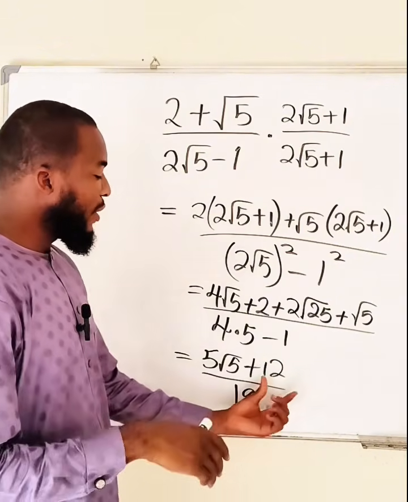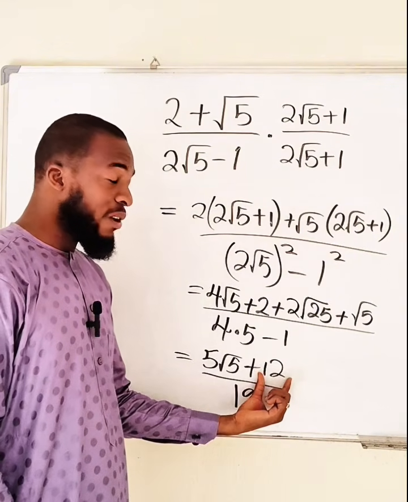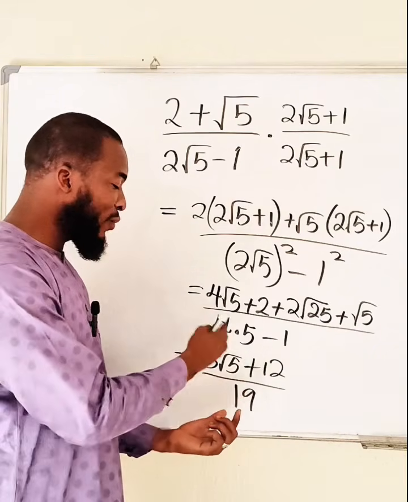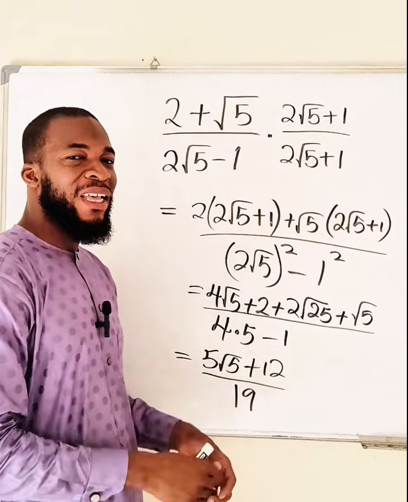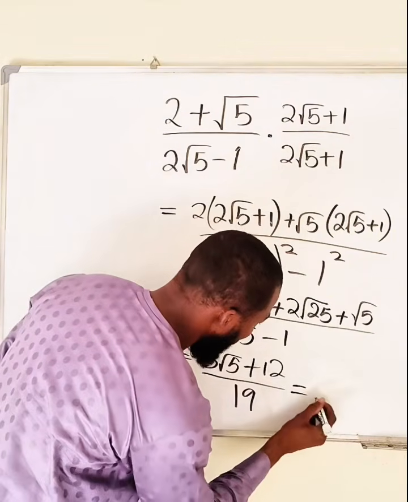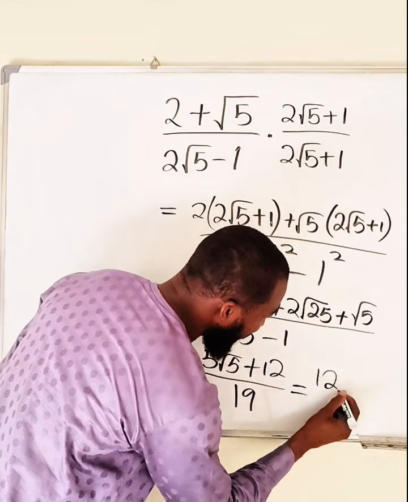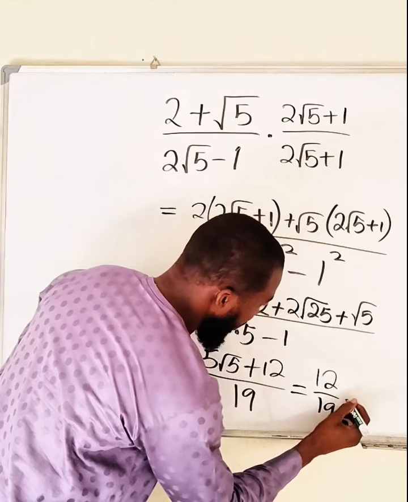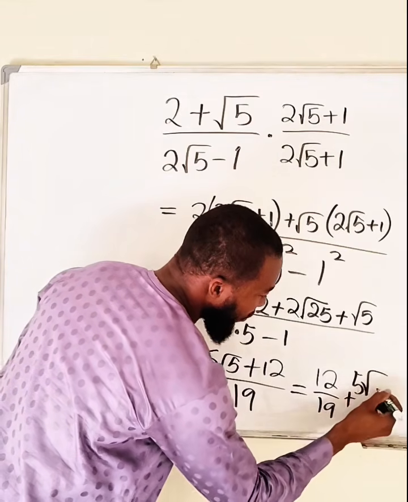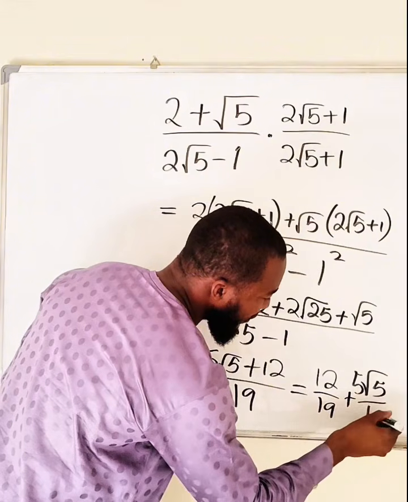If you like, you can write the rational part first before the irrational. That is 12 plus 5 root 5 divided by 19. And also, if you like, you can split the fractions like this. If you take this one, you have 12 divided by 19, then plus 5 root 5 divided by 19. All the same.